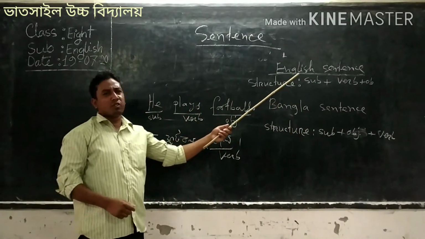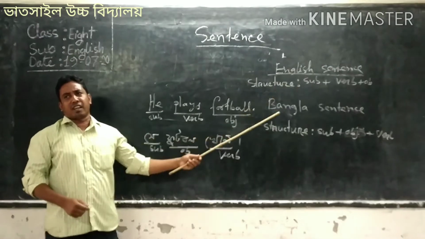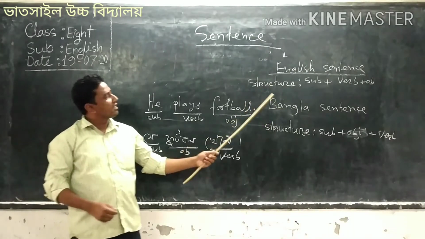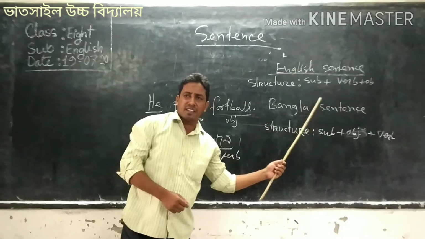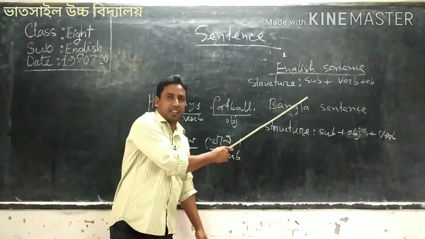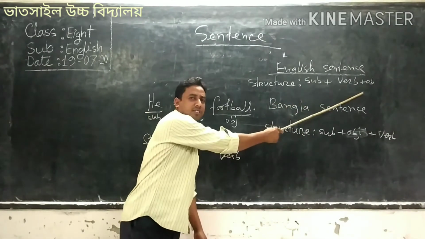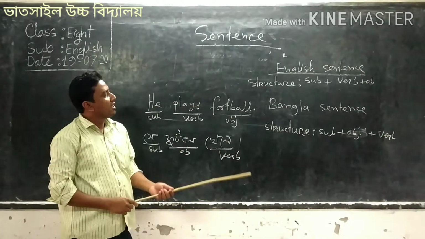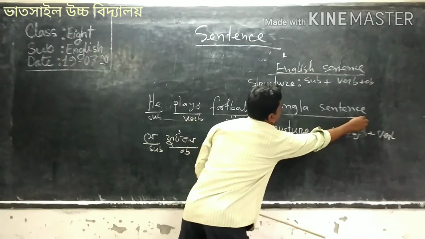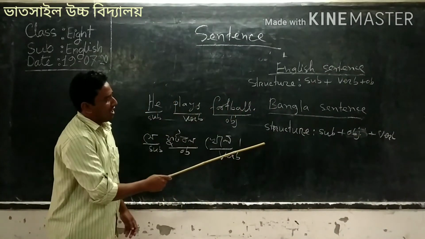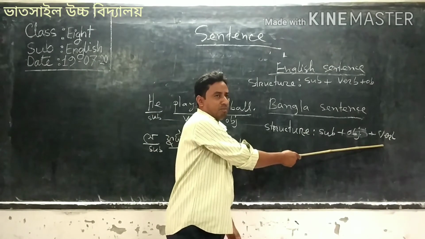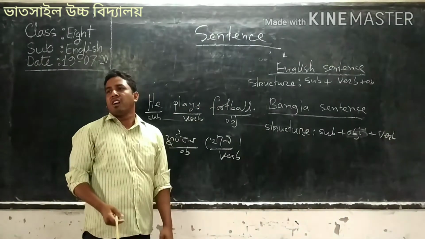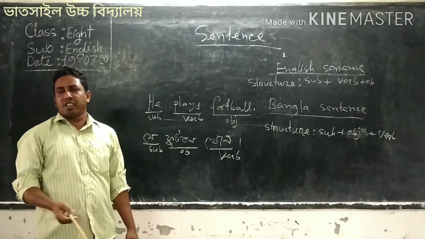There is a slight difference between the Bangla sentence and the English sentence. When we write an English sentence, we use this structure: subject plus verb plus object. But when we write a Bangla sentence, then we use the structure subject plus object plus verb. Okay? Have you understood, my dear student?